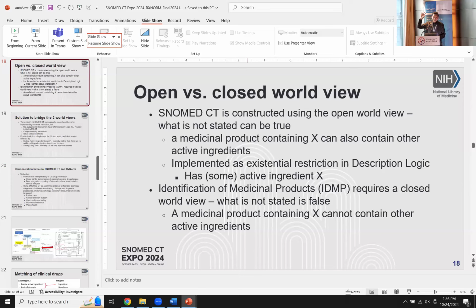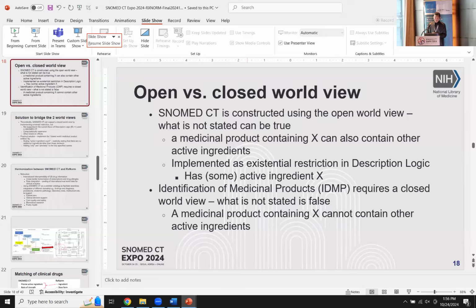So what is not stated in SNOMED can still be true. For example, if a drug is stated in SNOMED to contain X, it can contain other active ingredients. So that is what the open world view is.